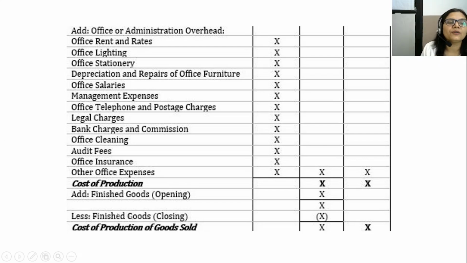So we will add opening stock of finished goods and we will deduct closing stock of finished goods. And what is closing stock of finished goods? Closing stock of finished goods is an inventory which an entity has at the last day of its accounting year. We will adjust these figures of opening stock of finished goods and closing stock of finished goods, and then we will arrive at cost of production of goods sold.